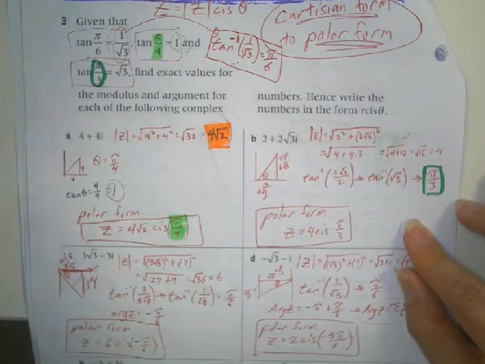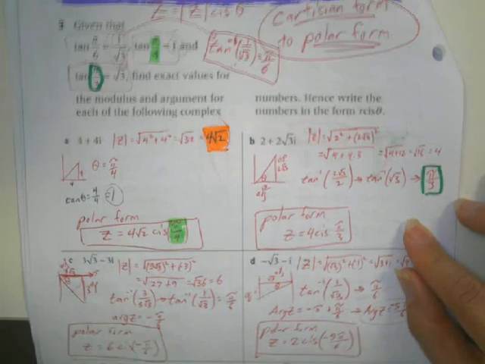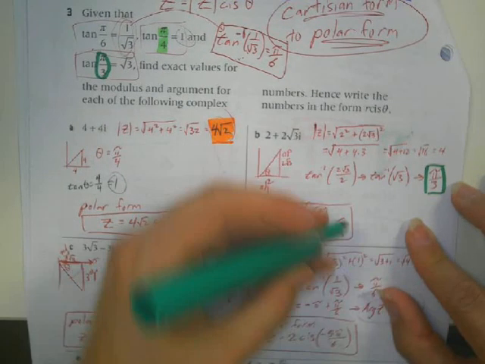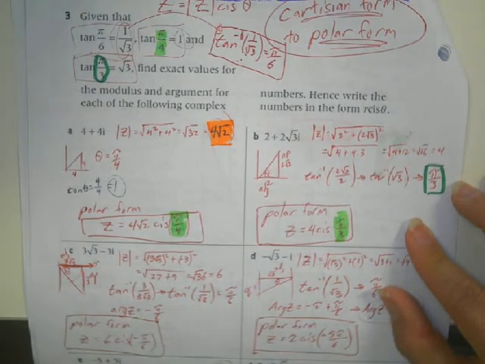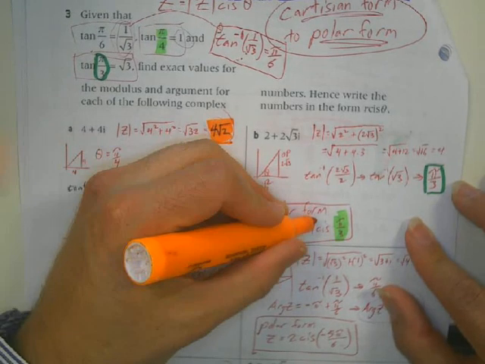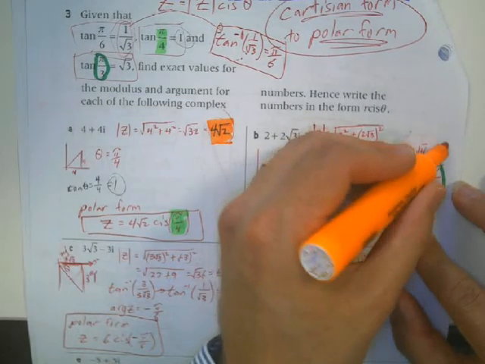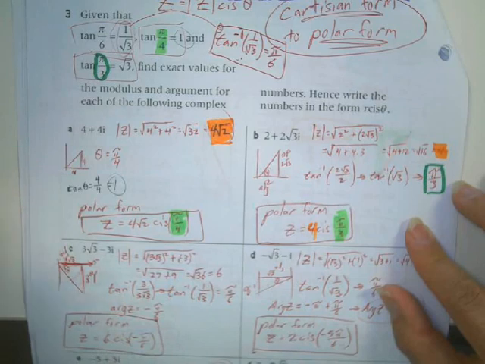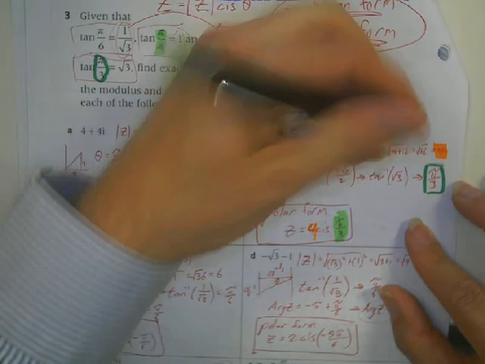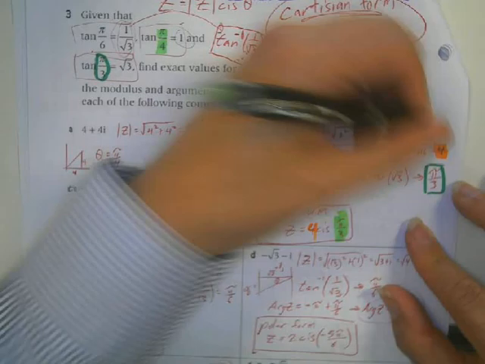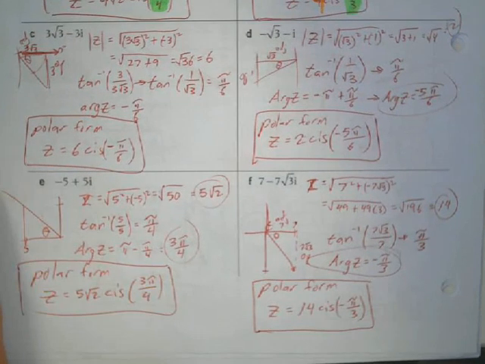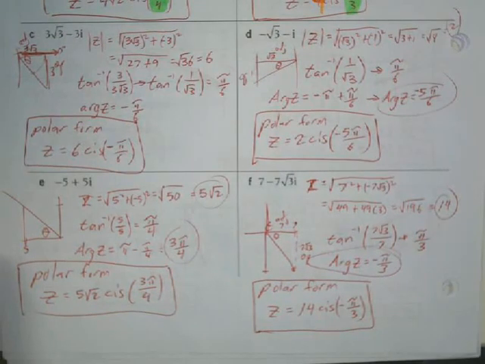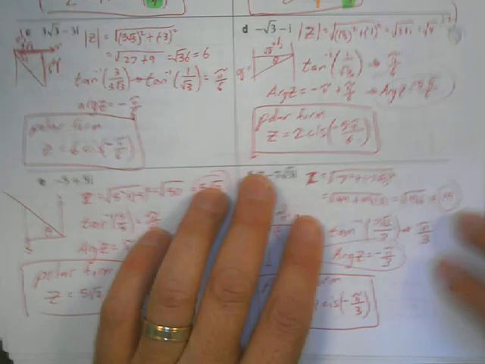Okay, and so now we can write this as we've got 4, which is my modulus, and my argument is pi/3. Okay. I'm just going to let you see this. I'm going to zoom in a little bit so you can see a little better. You might want to hit pause, check your answers.